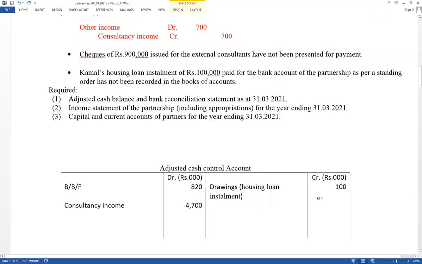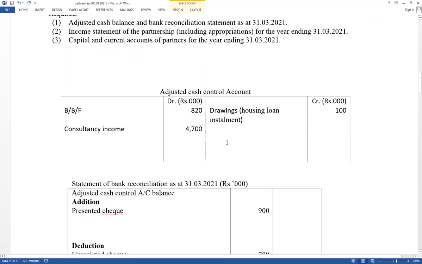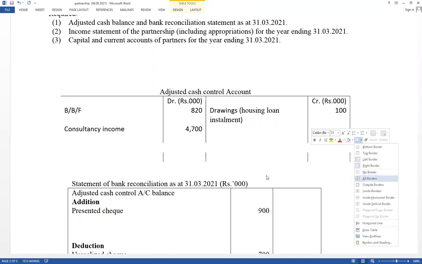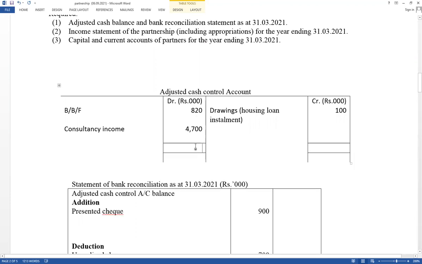First, try to complete the bank reconciliation. The adjusted cash control account balance should be calculated. It is included in the financial position as the cash balance. Take the debit side total value, 5,520. Take that value on the credit side.